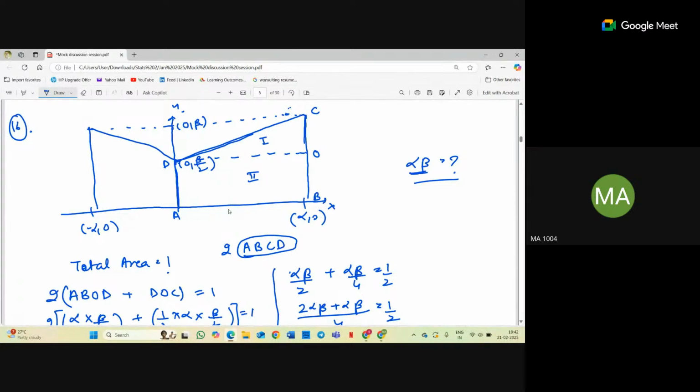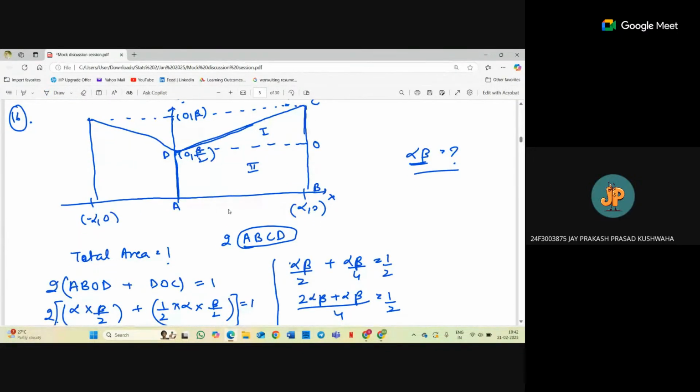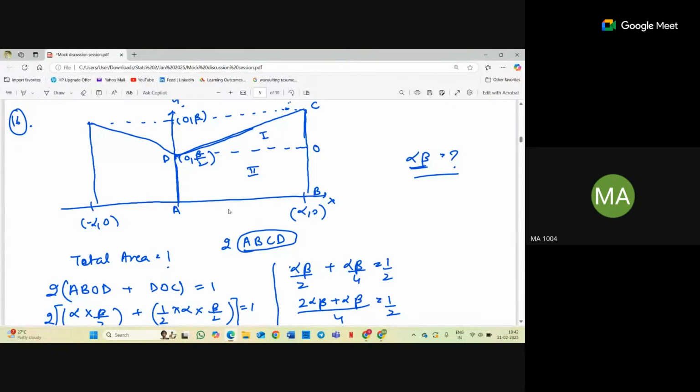So if you are finding this part, it should be multiplied by 2. Then the total area would be equal to 1. Got my point? Multiply your answer by 2. Sorry, yes ma'am, 1 by 2.